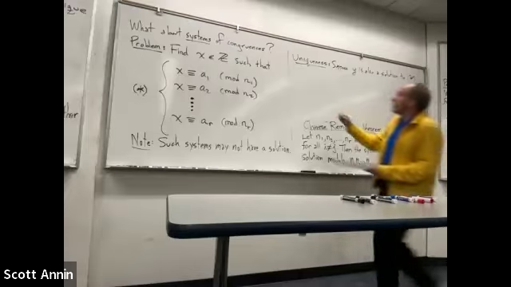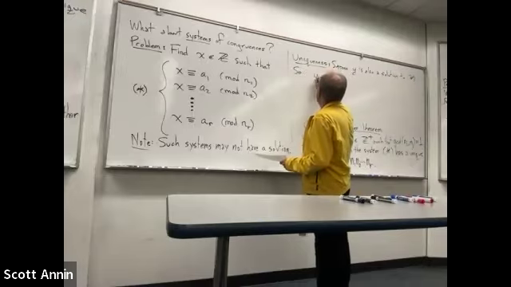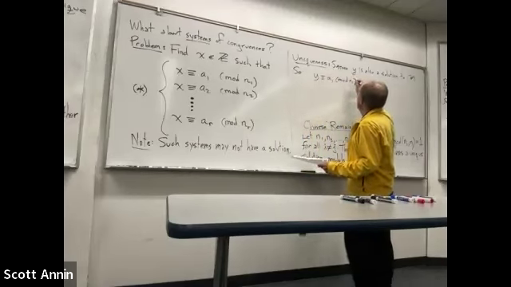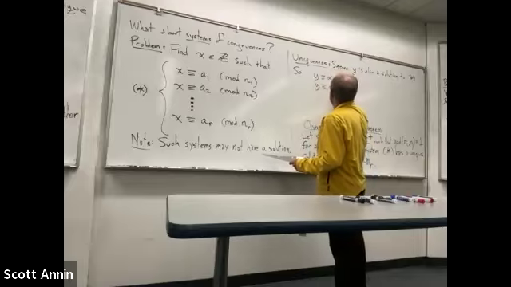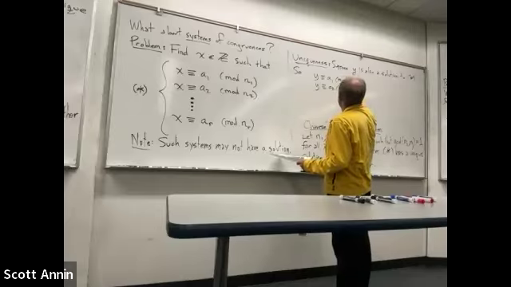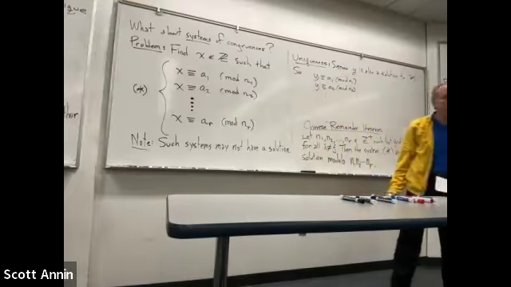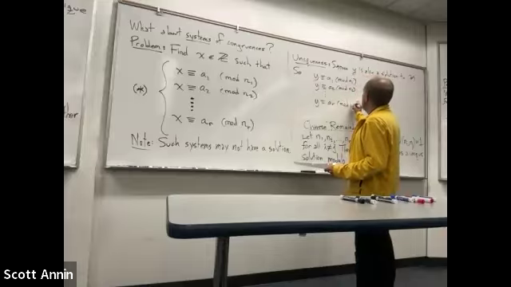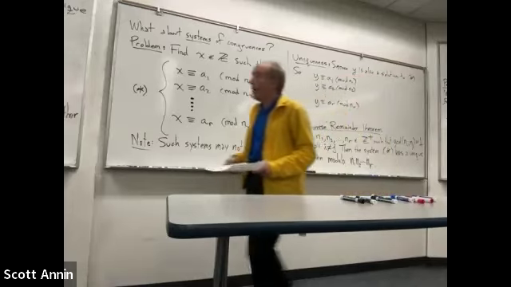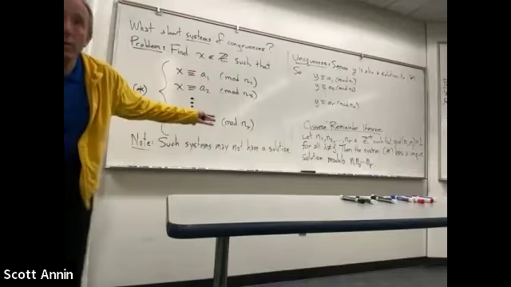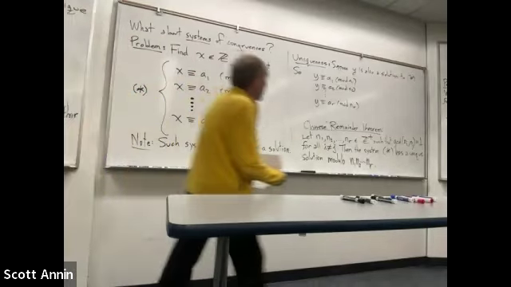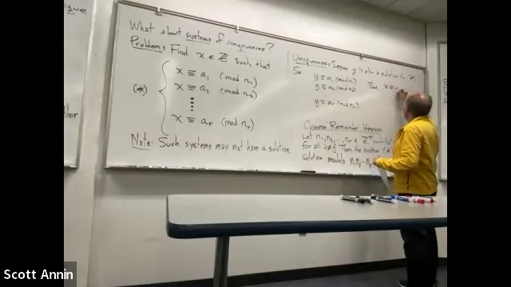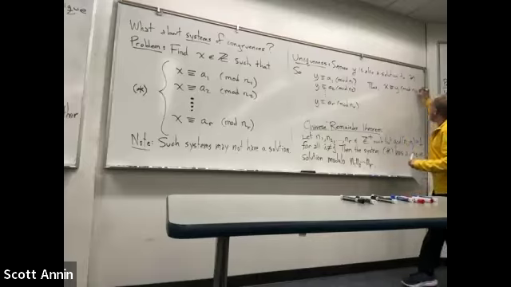In other words, what we're saying is that y is congruent to a1 mod n1, and y is also congruent to a2 mod n2, and so on and so on. And so y is congruent to a_r mod n_r. But x was already congruent to all of those same things, right? Thus, x and y are congruent to each other.